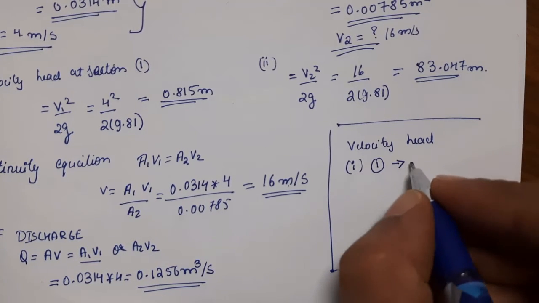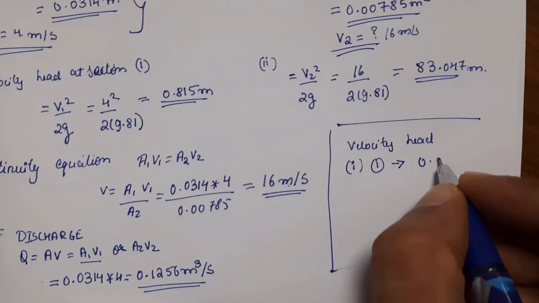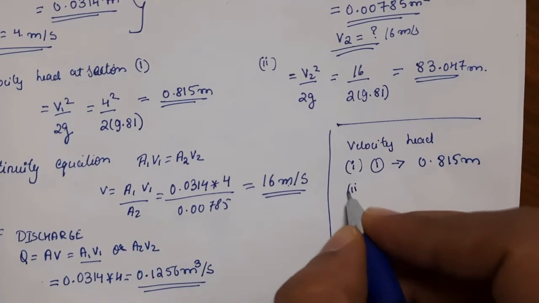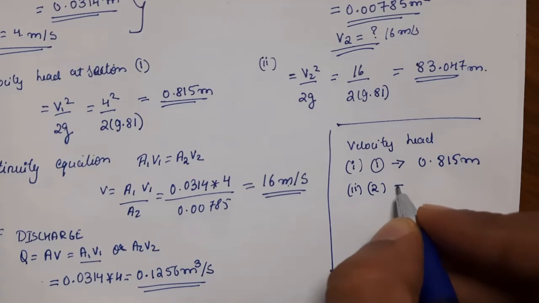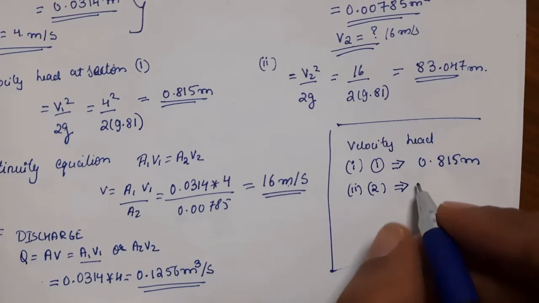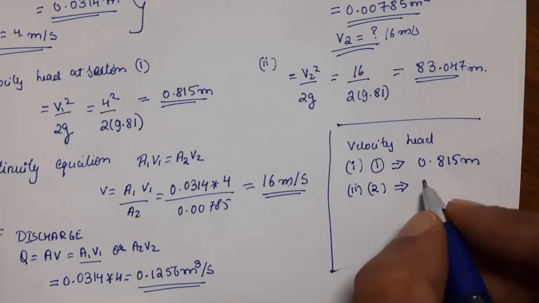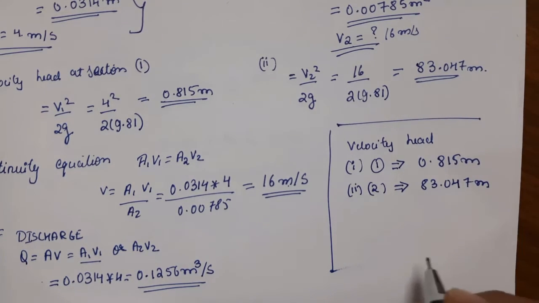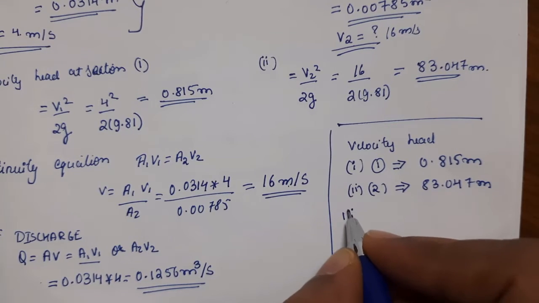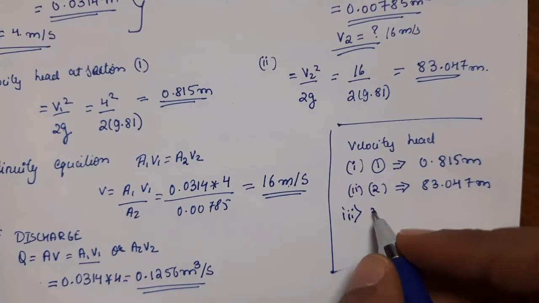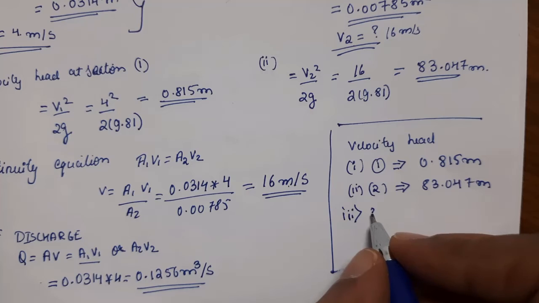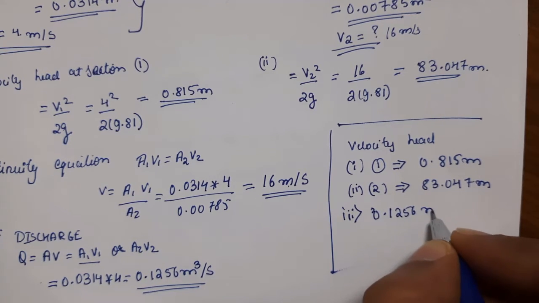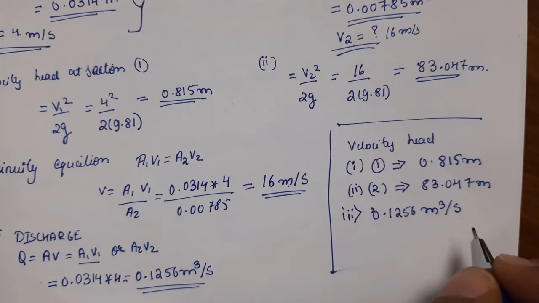It will be 0.815 meter, and second one, the velocity head at section 2 will be equal to 83.047 meter, and the third one, that is rate of discharge, is nothing but 0.1256 meter cube per second.